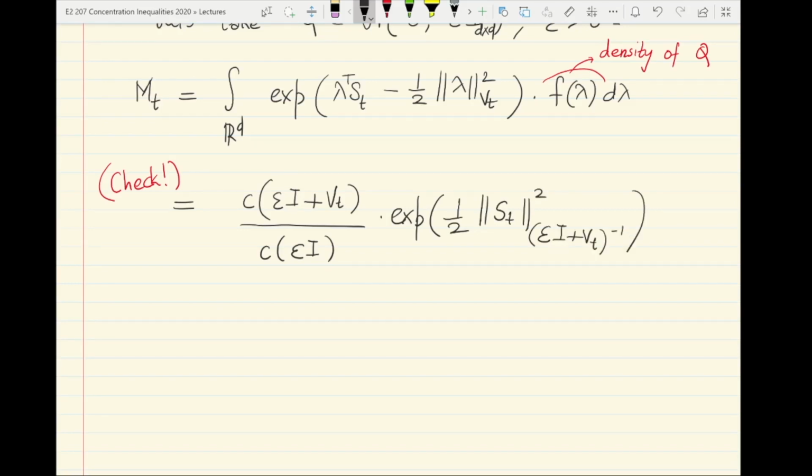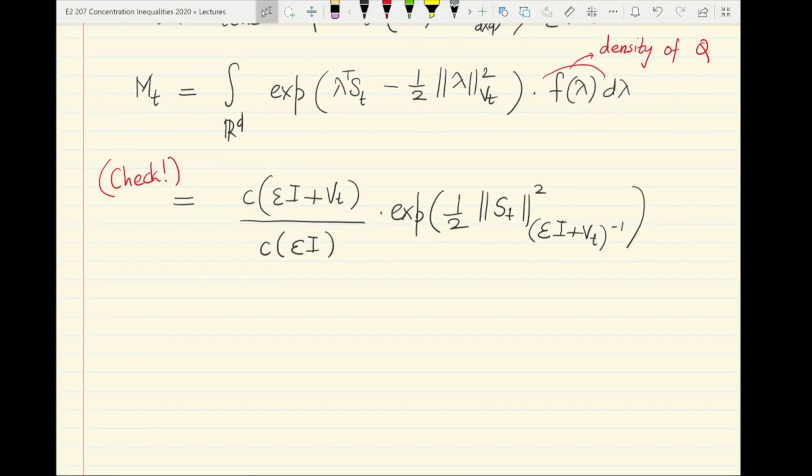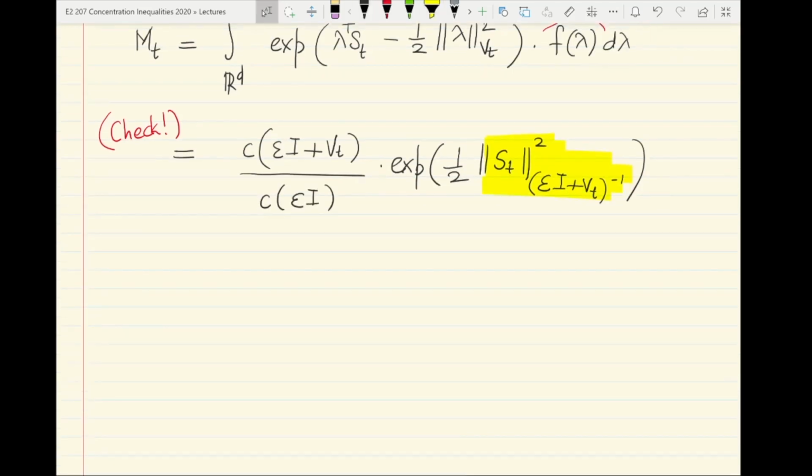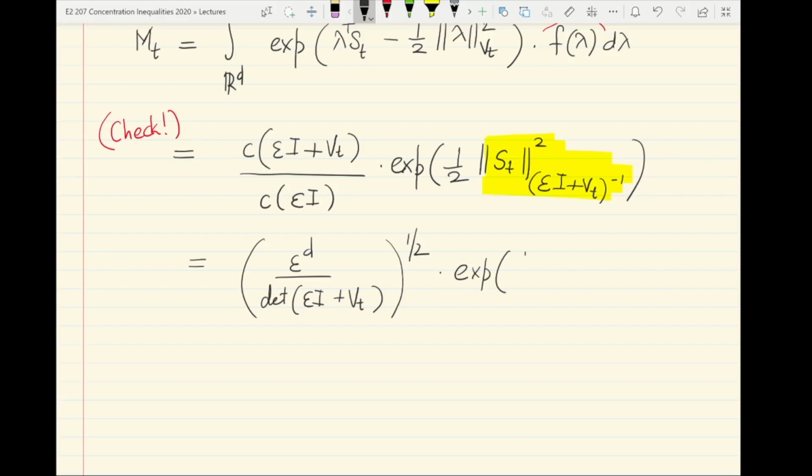So this turns out to be an explicit function of what we actually wanted to control in the first place, which is this St weighted by the norm Vt inverse, with some extra term in the front. This extra term is precisely, by definition, epsilon to the d divided by the determinant of epsilon I plus Vt, whole raised to half, into e raised to half the weighted norm of St, the self normalized term here.